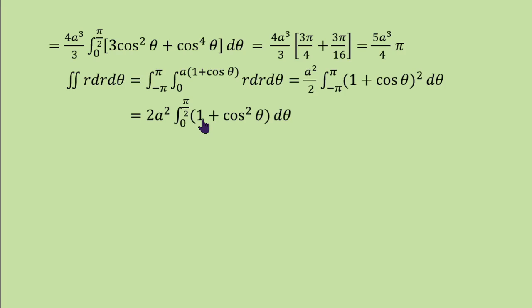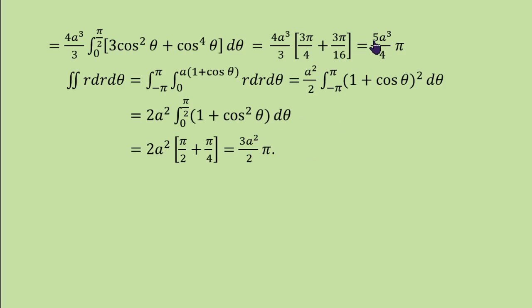Now, the integration of 1 is theta and the cos square theta integration is pi by 4, from 0 to pi by 2. Therefore, pi by 2 plus pi by 4, that is 3 pi by 4, cancel 2. So, 3a square by 2 pi. Numerator is 5a cube by 4 pi, cancel pi and a square.